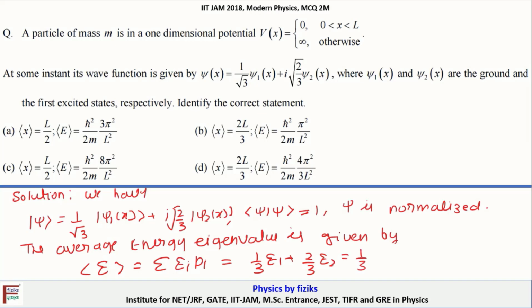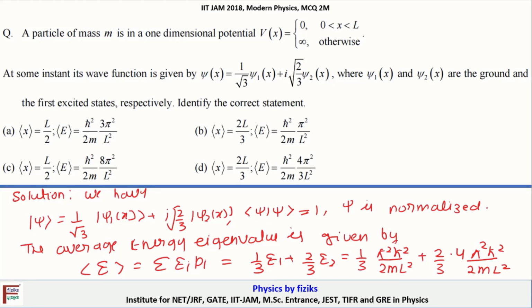That means 1 by 3 E1, which is pi square h square by twice m l square, plus 2 by 3 into 4 pi square h square by 2 m l square.